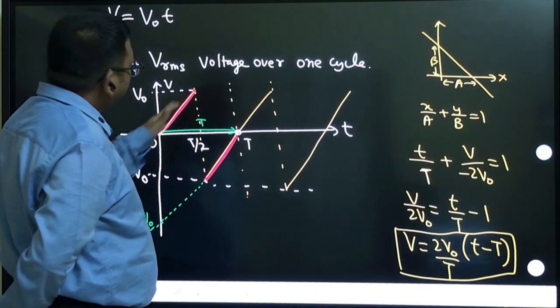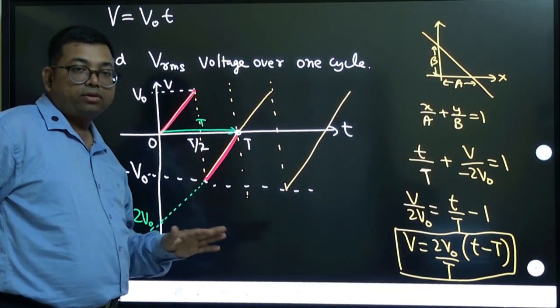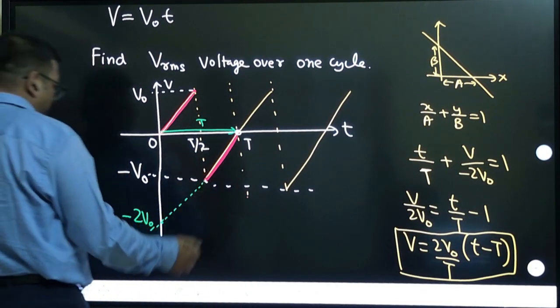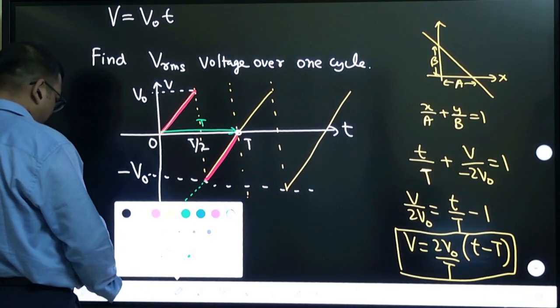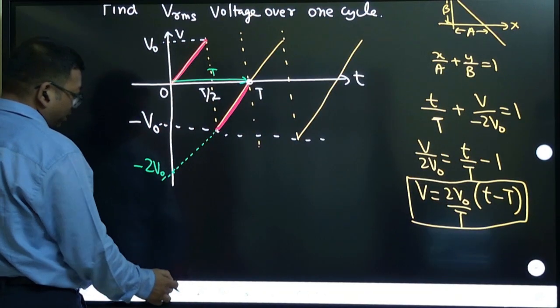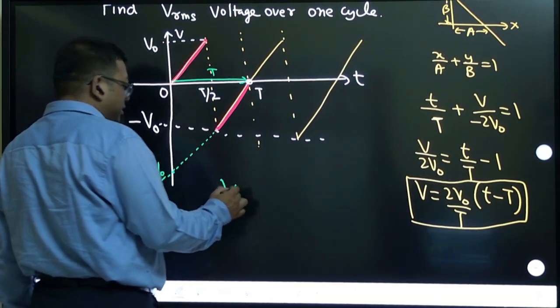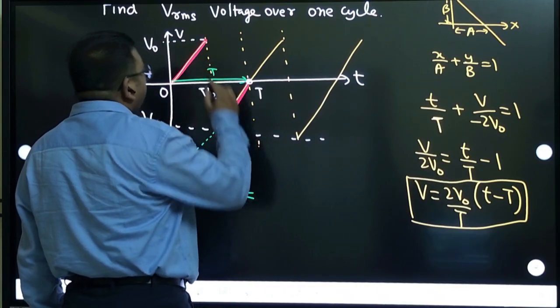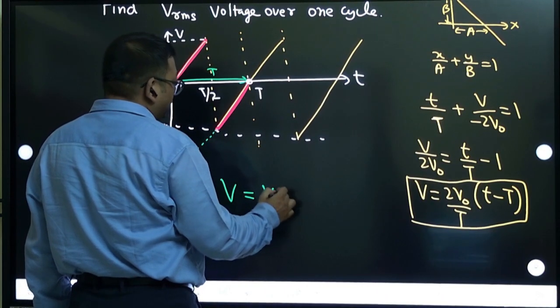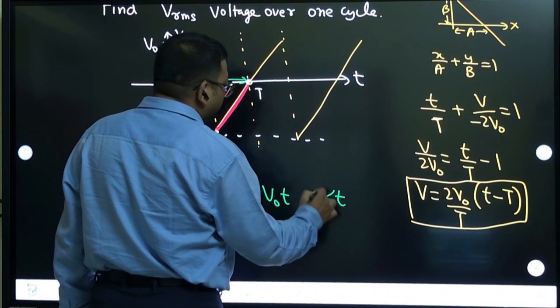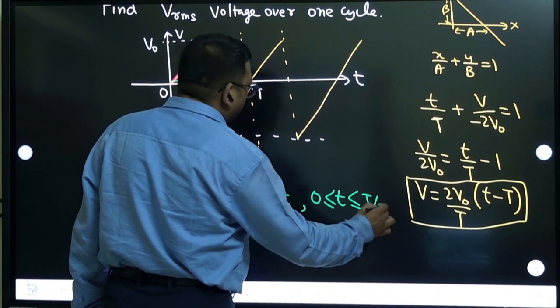So now you know the equation of this line and the equation of this line. Suppose I have to take it over a full cycle. So when you take a full cycle, you need to write this function first. First let us write the V equation. The equation of V is V naught into t by T, valid from time 0 to T by 2, the half cycle.